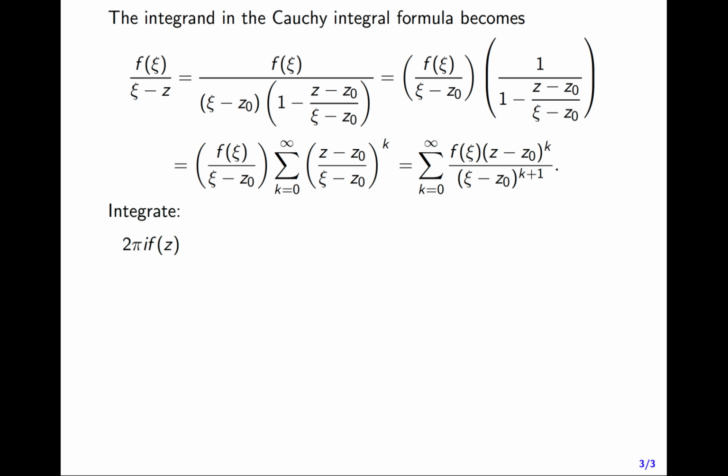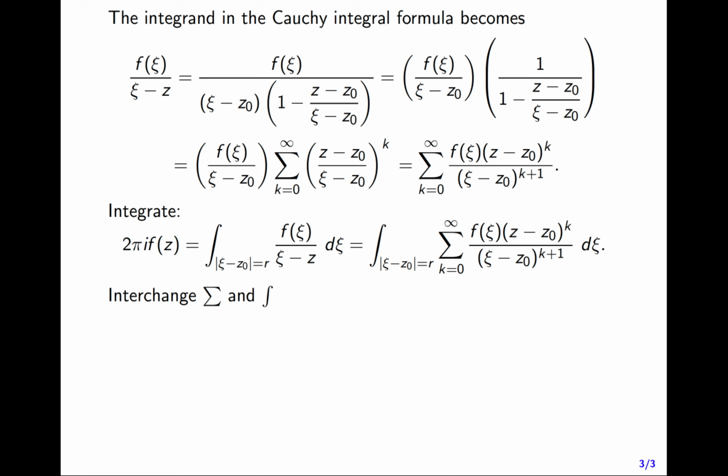So going on, now we'll look at the integral. I'm going to multiply both sides of the Cauchy integral formula by 2 pi i, just so I don't have to keep rewriting 2 pi i on the slides here. So I have 2 pi i times f of z is, from the Cauchy integral formula, the integral over the circle |c minus c0| equals r of f of c divided by c minus z.